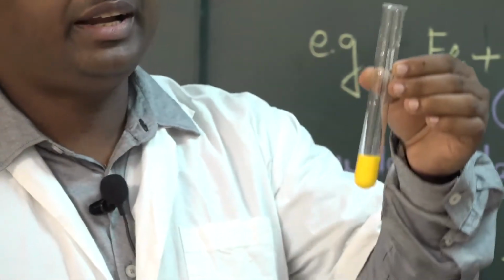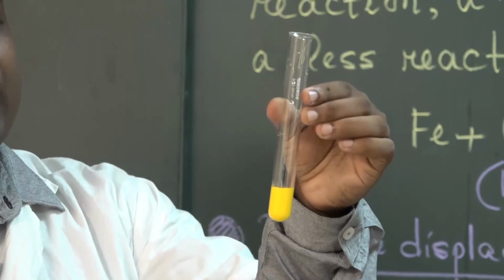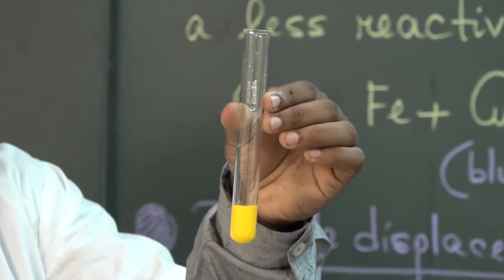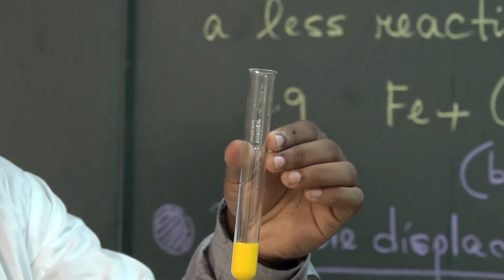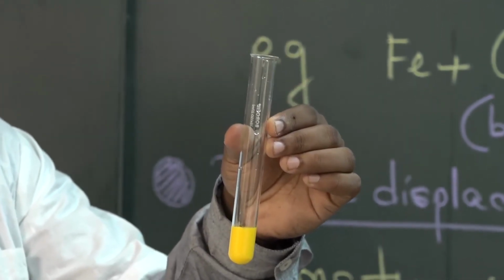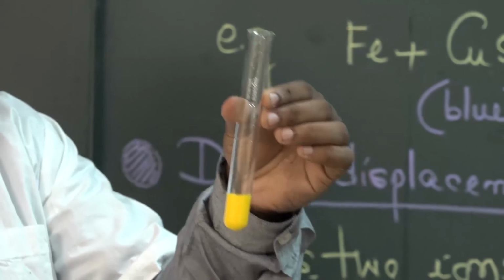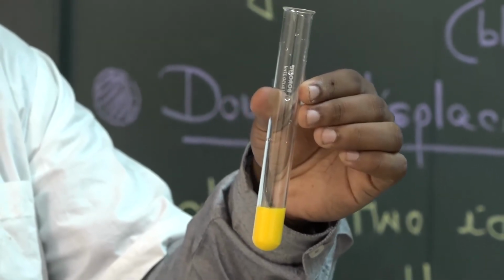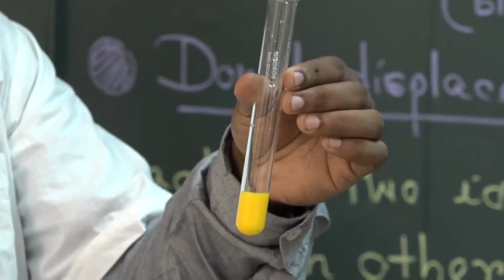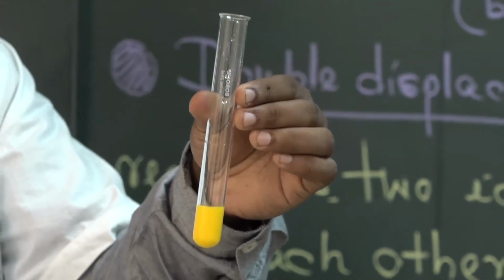Students, it is clearly visible that we are getting a yellow color precipitate of lead iodide, as we said in the reaction. That is why these two reactions are very important, because we can find noticeable color changes during the course of the reaction. Thank you.